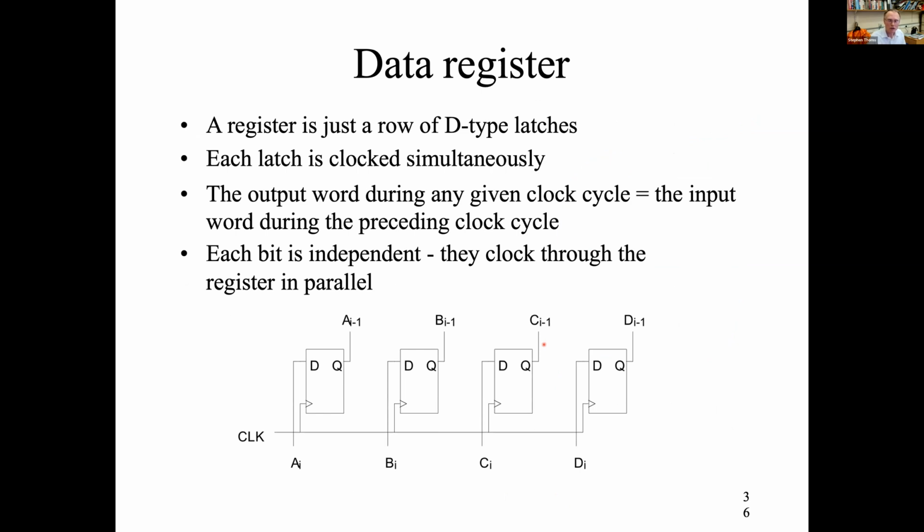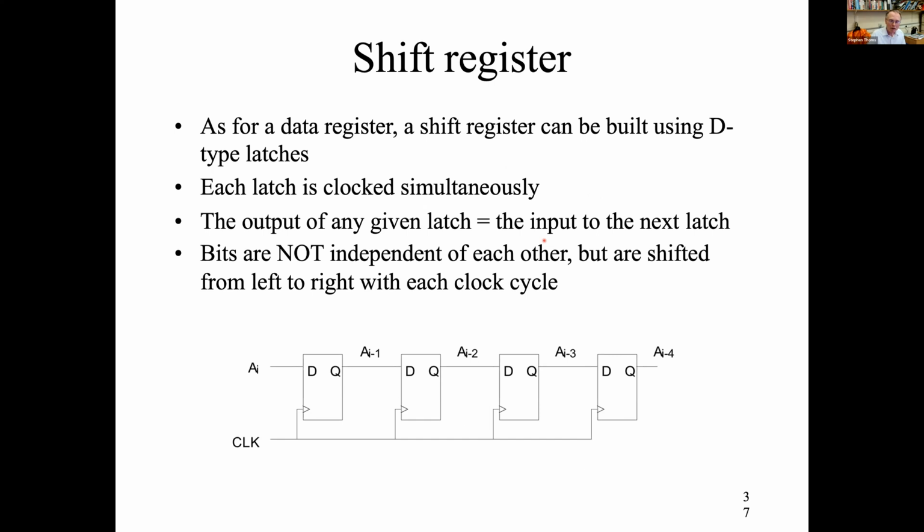What we can do is wire it up like this. This is the standard way of doing it. Whatever the input word was, the next clock cycle, that's the output one. That's what we've seen already. But you can wire it up differently.